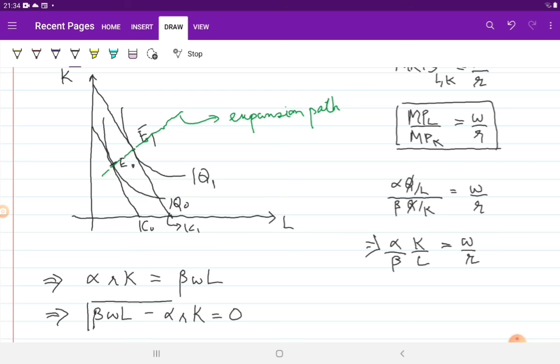And thus, we have derived the equation for the expansion path of a firm that produces as per the Cobb-Douglas production function.